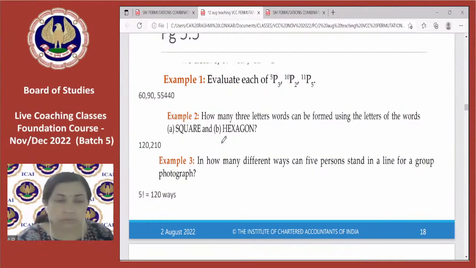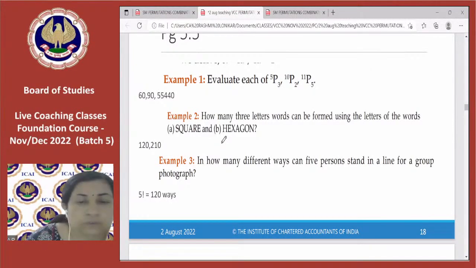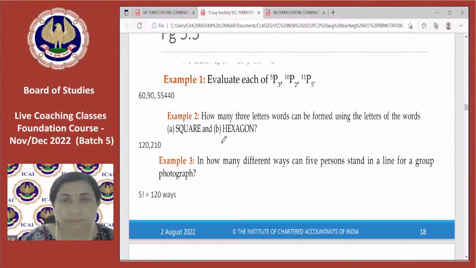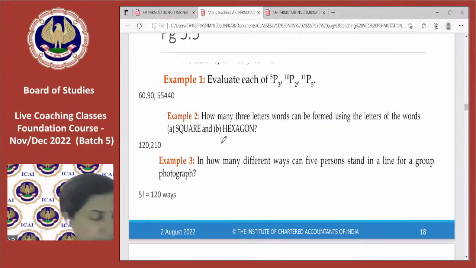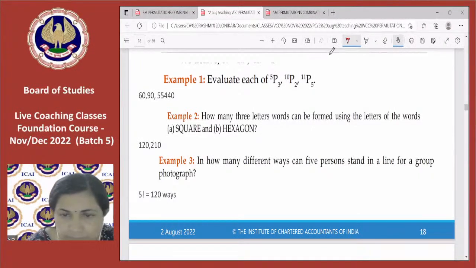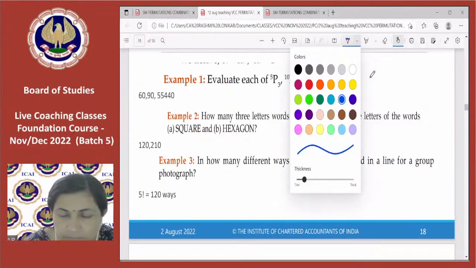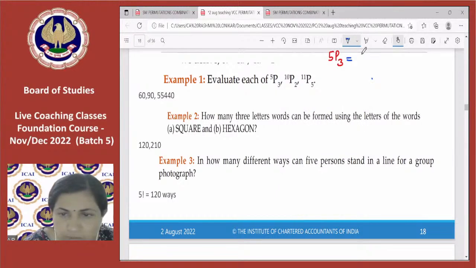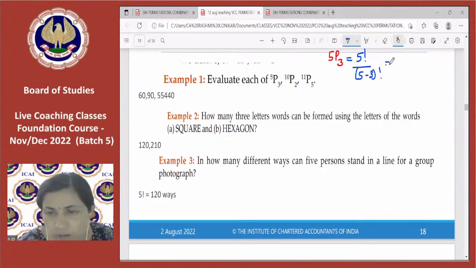So let us now try to find out the values of all this. 5P3, can you calculate? This is equal to 5 factorial upon 5 minus 3 factorial.